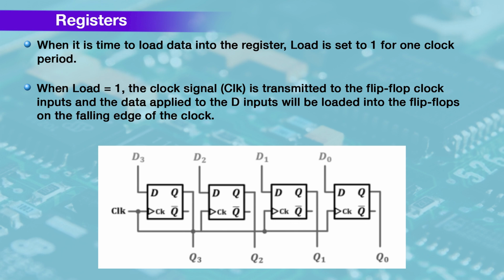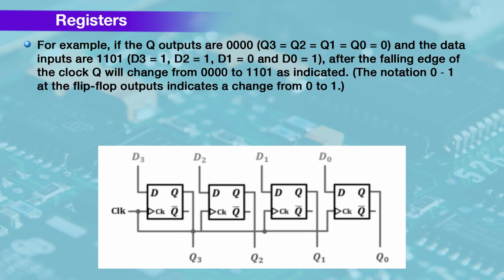On the falling edge of the clock, for example, if the Q outputs are 0, 0, 0, 0, where Q3 is 0, Q2 is 0, Q1 is 0 and Q0 is 0, and the data inputs are 1, 1, 0, 1, it means that data bit D3 is 1, D2 is 1, D1 is 0 and D0 is 1.